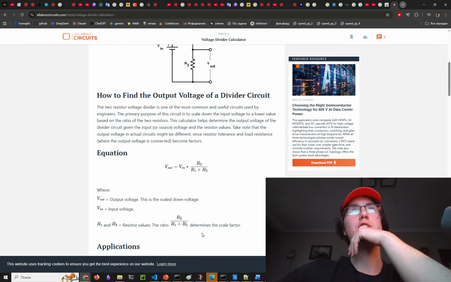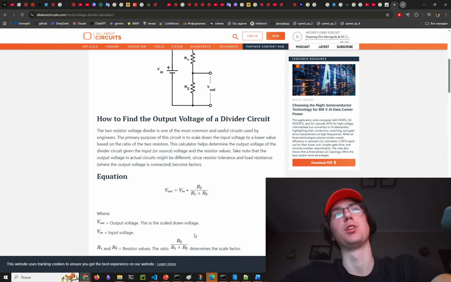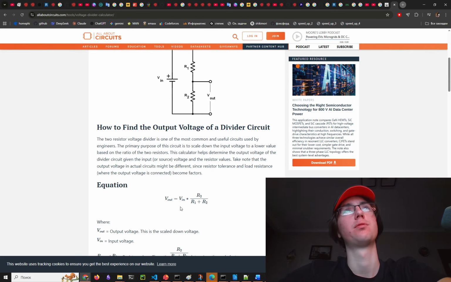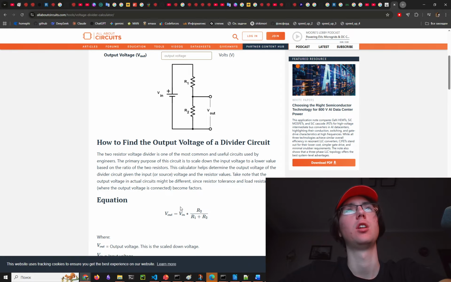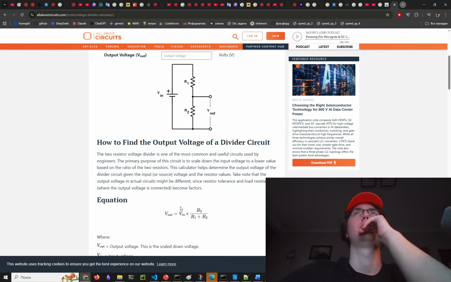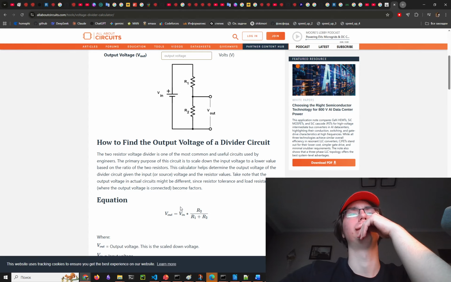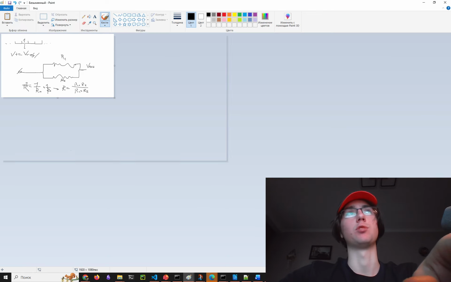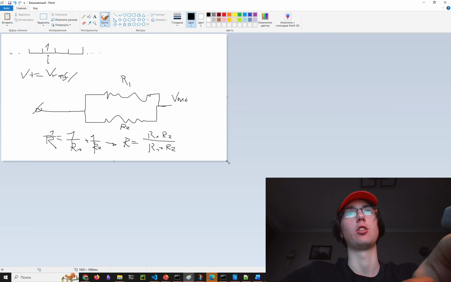So this actually seems similar to this formula, but not really, because we don't have R1 here. We have just input voltage. Yep. We only have the input voltage here. By the way, as we all know, there is Ohm's law.